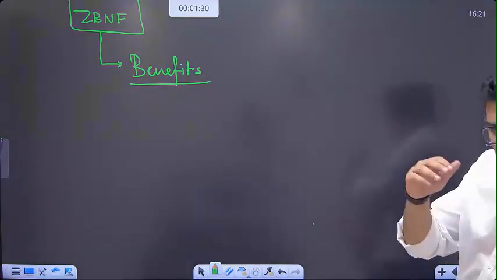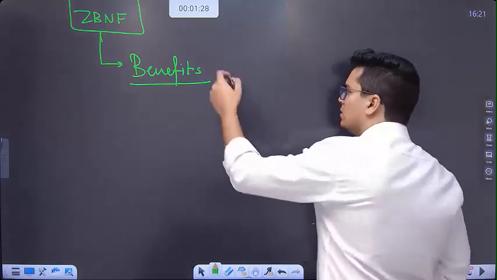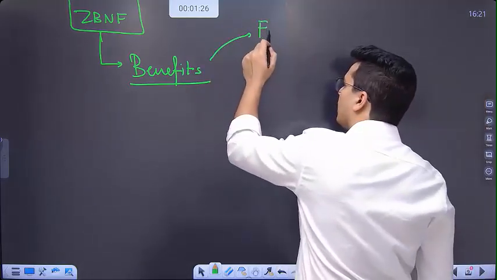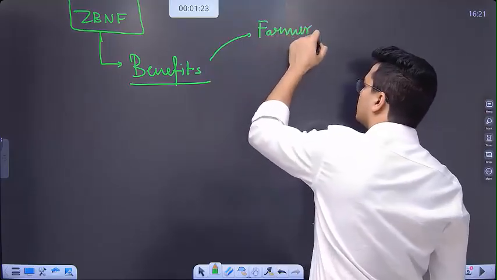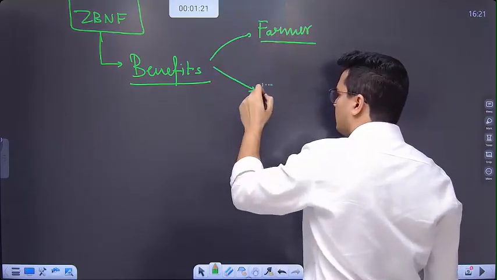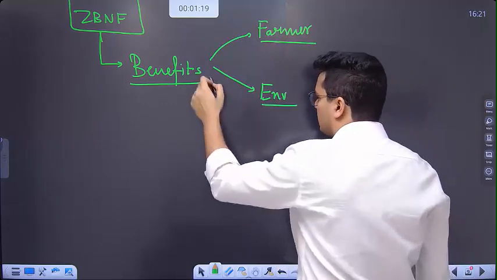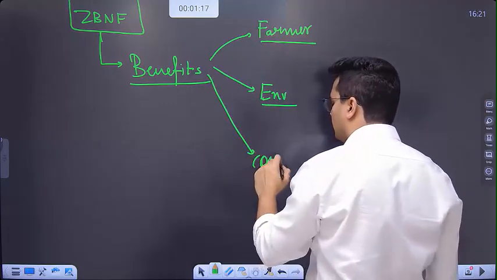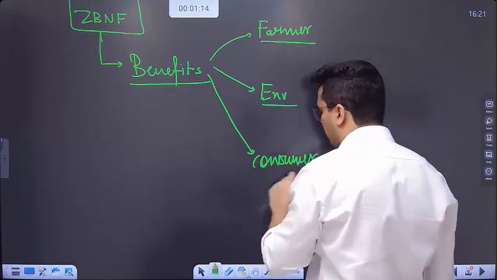Try to think about various stakeholders. The farmer is going to have certain benefits. The environment is going to have certain benefits. The consumer is going to have certain benefits if we practice zero budget natural farming.